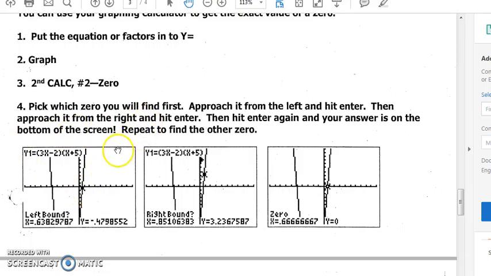Then approach it from the right and hit enter. So this is doing this side. So here and then here. And then hit enter again. And your answer is on the bottom of the screen. Repeat to find the other zero. So right here, you're going to hit right below here, and then right above here. And then you hit enter and look for the word zero. Okay?